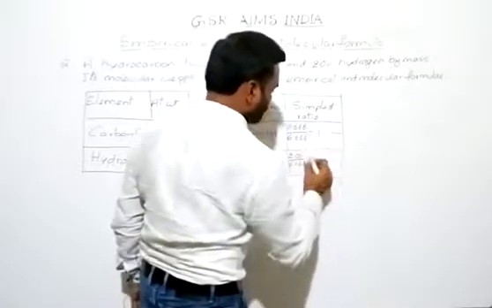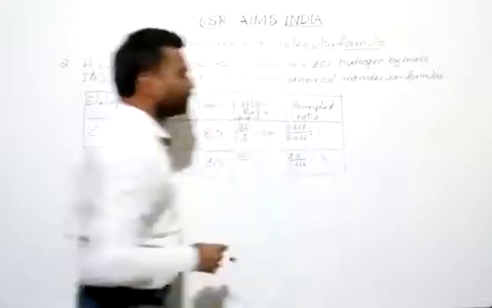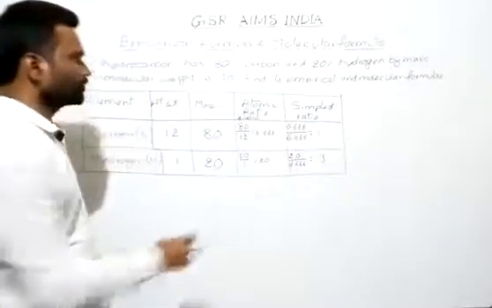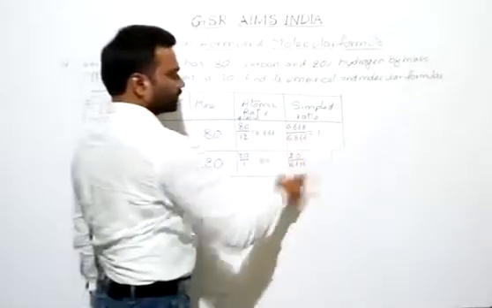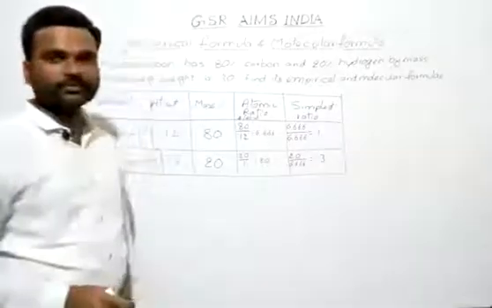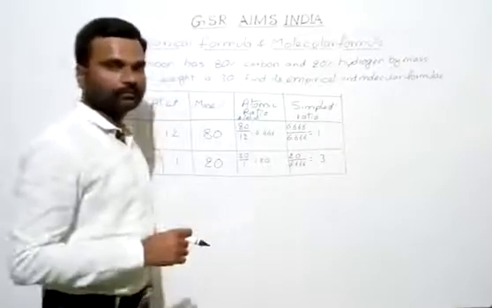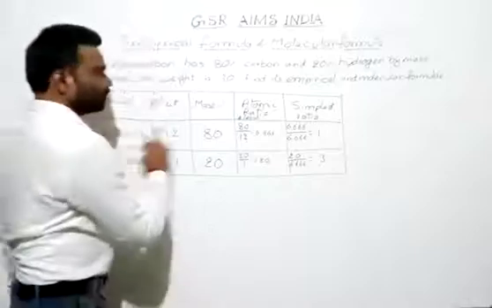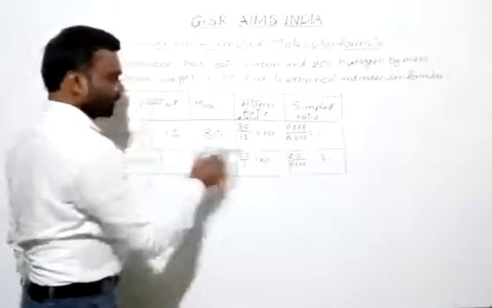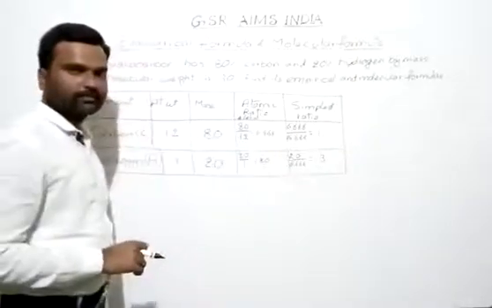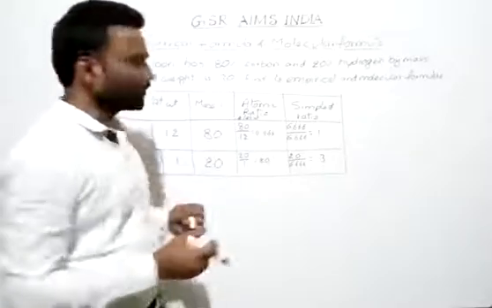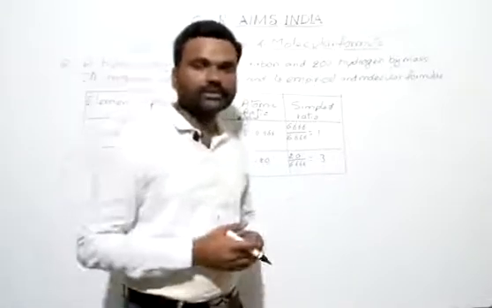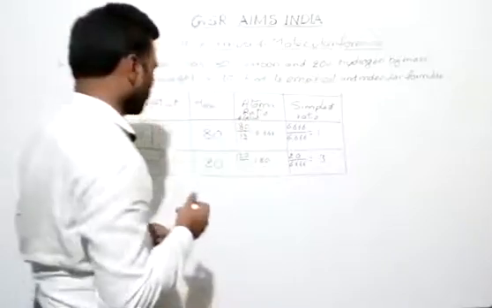Here we get 1, and here we get 3. So these numbers which we obtained give the simplest ratio of atoms present in that compound. So for every one carbon there are 3 hydrogen atoms. Means every carbon atom is combined with 3 hydrogen atoms in this molecule.